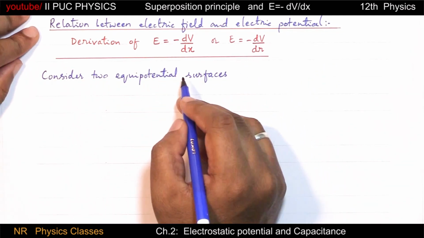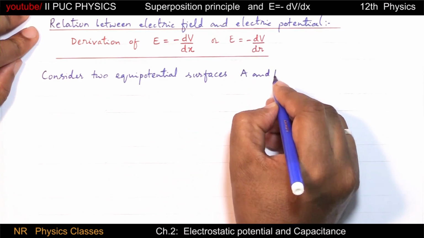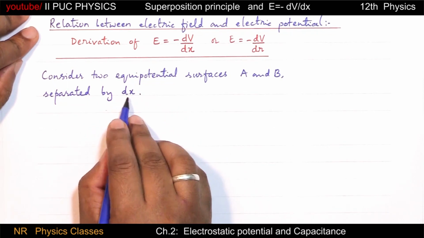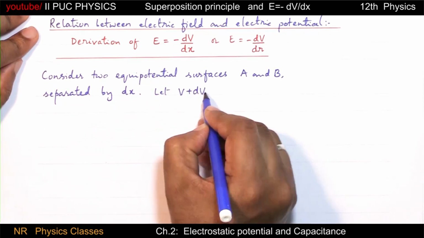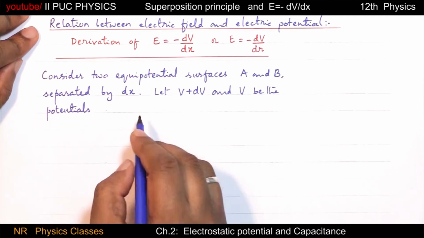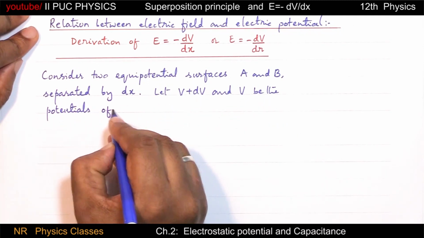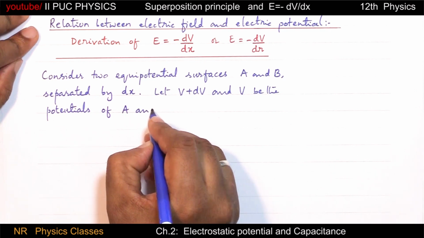Consider two equipotential surfaces A and B separated by dx. Let V plus dV and V be the potentials of A and B respectively.